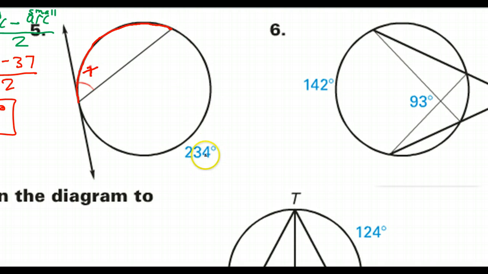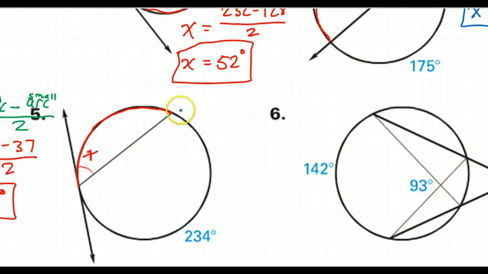All right, the whole circle is 360. So I can find that red arc by subtracting from 360. So if I just do 360 minus 234, that should give me this red arc. So that's 126. So this arc is 126 degrees.